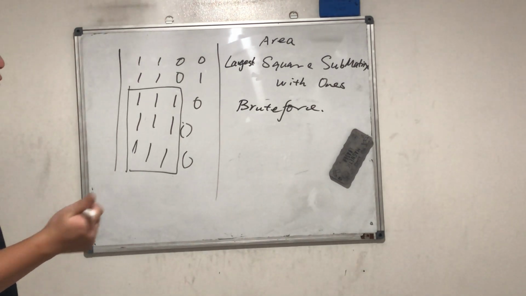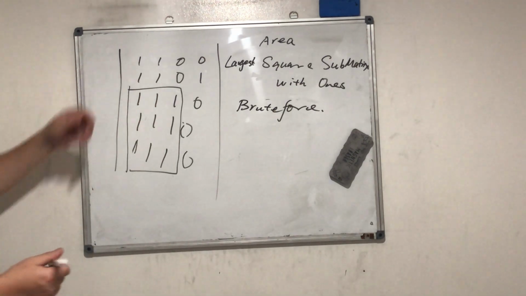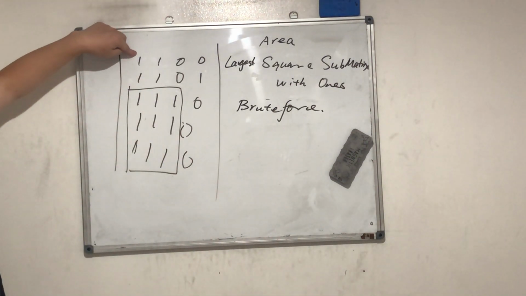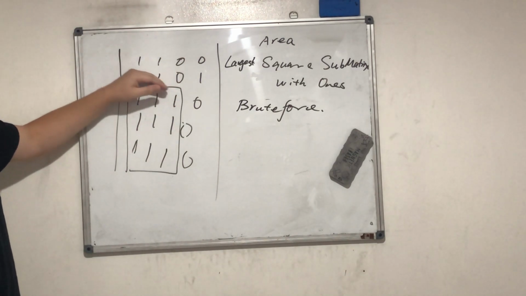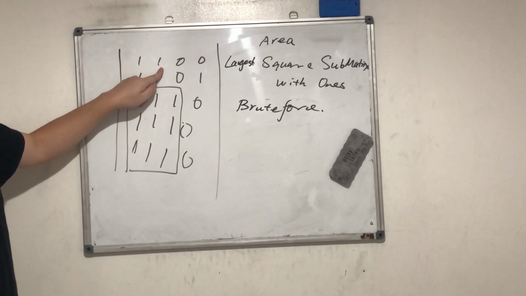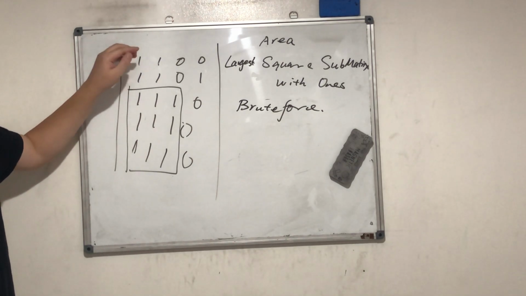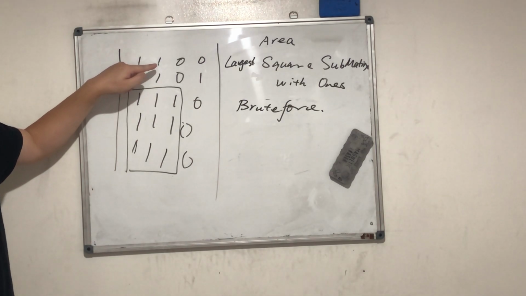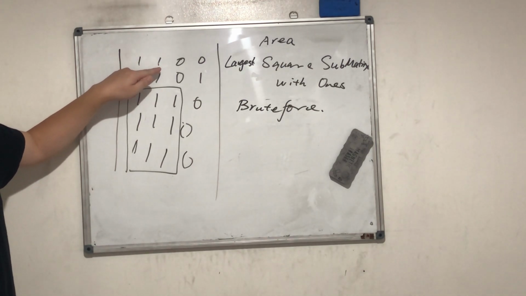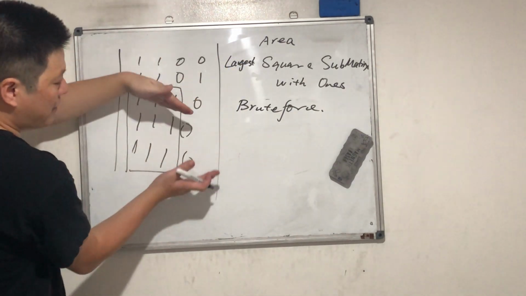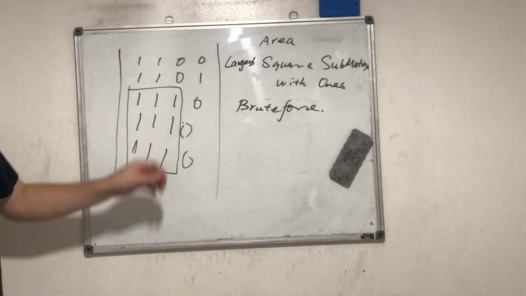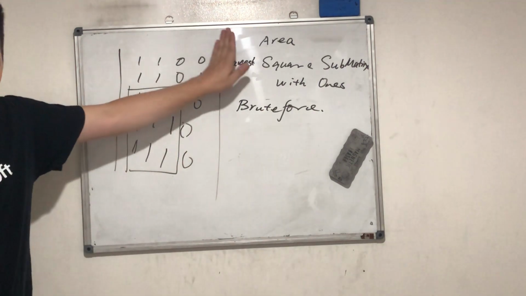All right, so what would the code be like? For R in range rows, for C in range columns, and if matrix RC equals 1, then we can start a size. For size S in range from 1 to the minimum, to when it reaches the border.